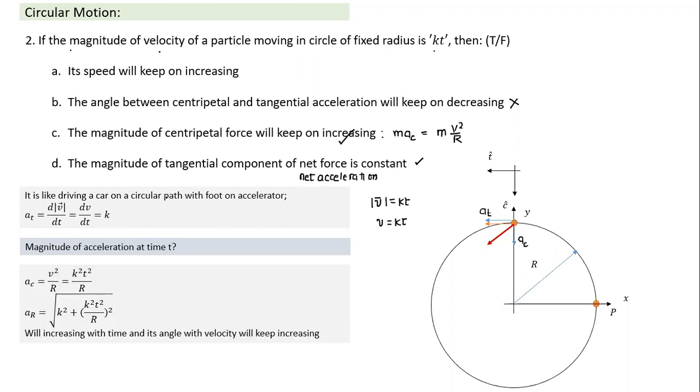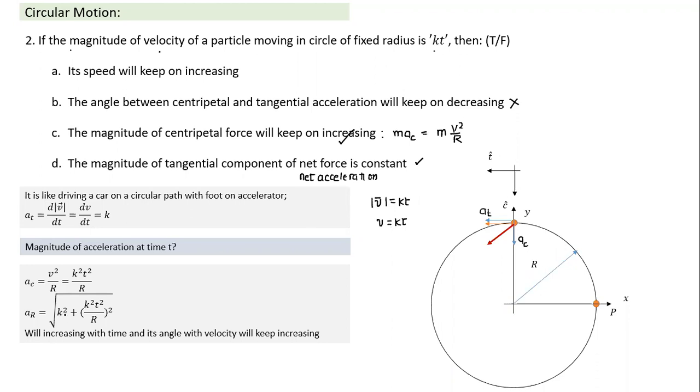If we have to calculate the magnitude of acceleration at time t, suppose I want the acceleration as a function of time. Centripetal acceleration a_c is equal to v square by r, and velocity at time t is kt. This is how velocity varies. So centripetal acceleration is k square t square by r. Resultant acceleration is the vector sum of tangential and centripetal acceleration.